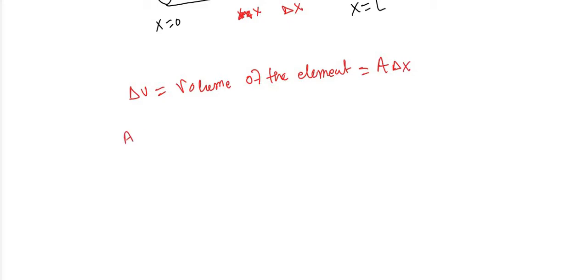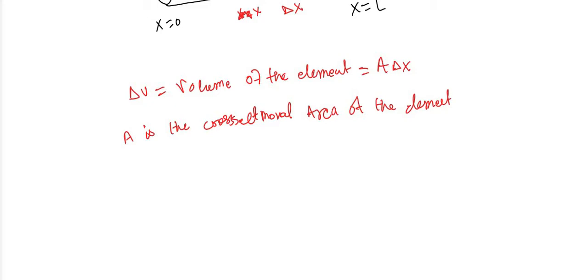And here A is the cross sectional area of the element. And change in mass, this is the mass of the element.